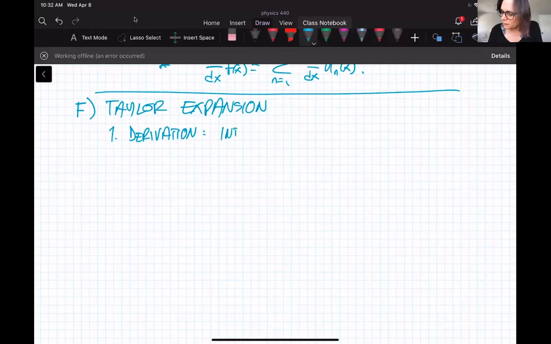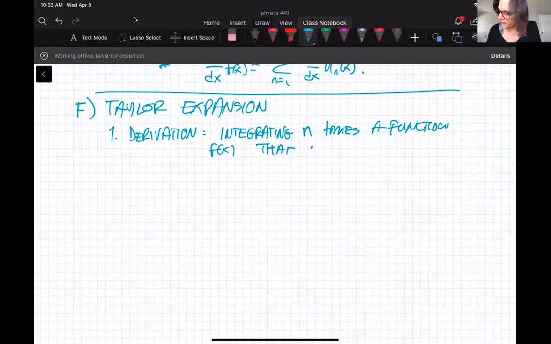But if we take a bit more of a rigorous approach, we'll integrate n times a function f of x that has a continuous nth derivative, so that we actually can have an answer.